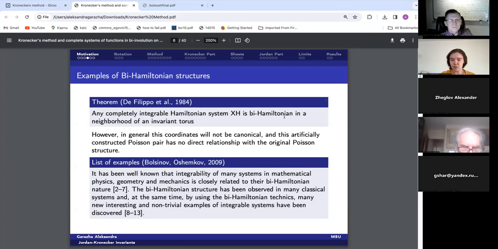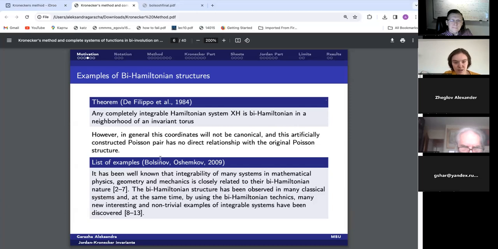But as I understand, the problem here is that if we had one bracket with respect to which the system was Hamiltonian, then they construct two other brackets, not just completing the system with one more bracket, but constructing two new brackets. And they say that it has no direct relationship with the original Poisson structure.